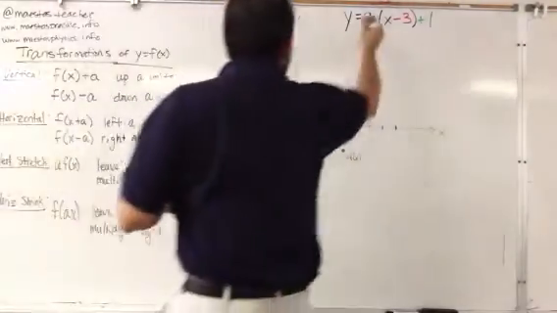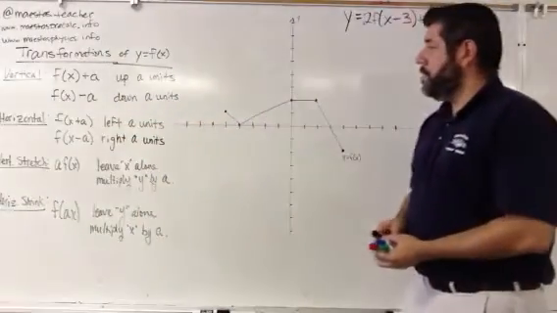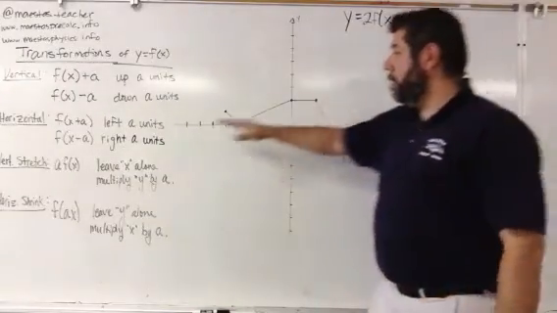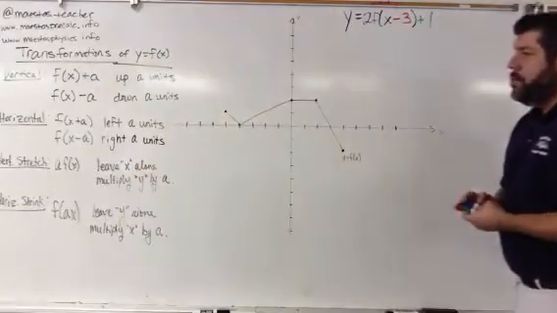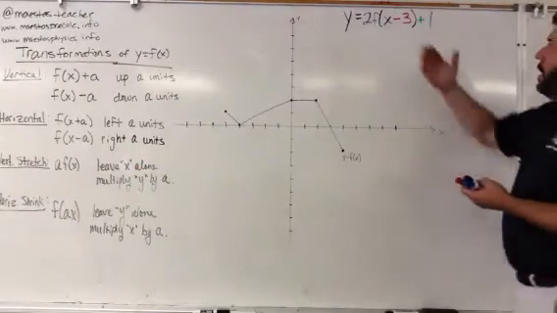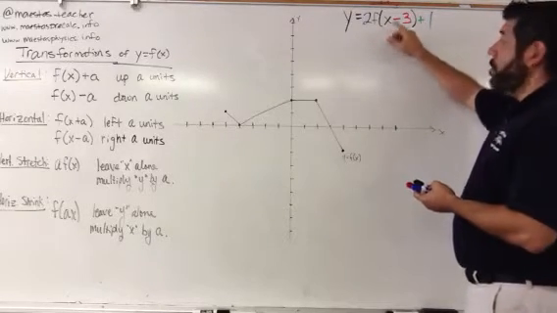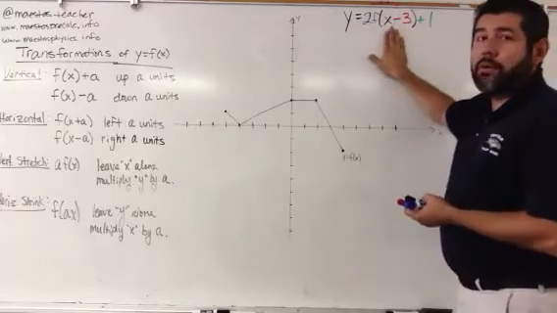Okay, so in order to do that, we're going to go to this rule here, and we're going to see that we're going to shift this horizontally a units. Since this is a minus 3, we're going to shift it to the right a units. The reason you can think about it going to the right is if we plug in a number for x, like positive 3, we're going to get 3 minus 3 is 0.